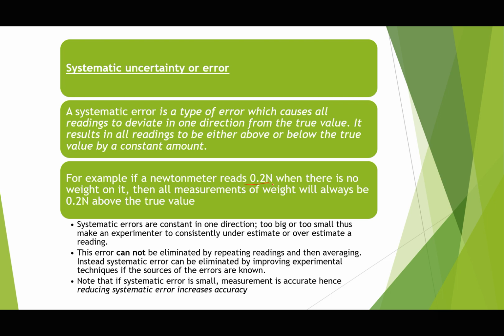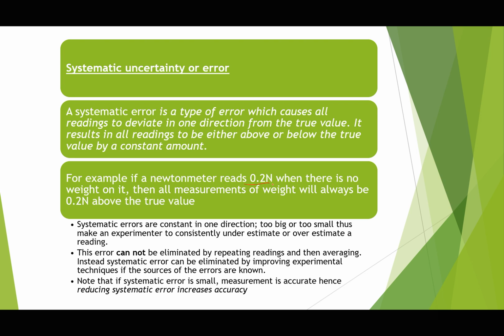And to be specific, that systematic error, that measurement which the instrument gives before it is being used is called a zero error. So every measurement you take using the same instrument which reads 0.2 newtons before it is used, every measurement will be above by 0.2.